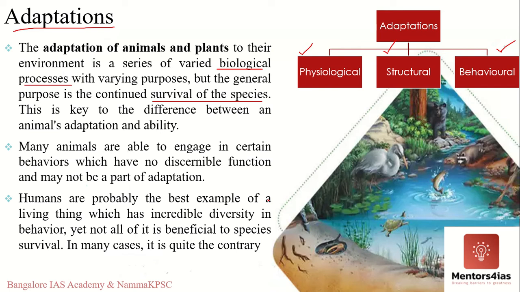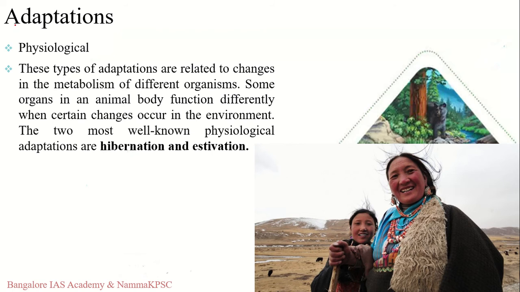We will classify the adaptations into three types, that is physiological, structural and behavioral, and we'll go through these three one by one. So the first is physiological. Very simple, the physiological adaptations refer to body processes that help an organism to survive or reproduce.